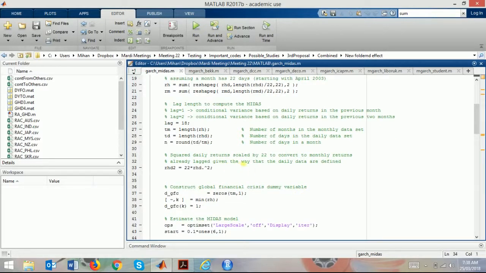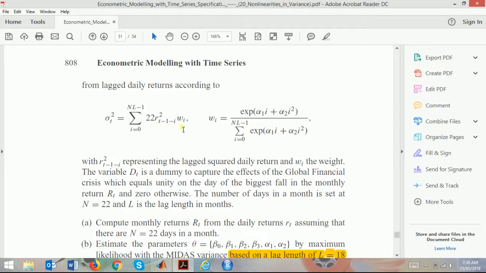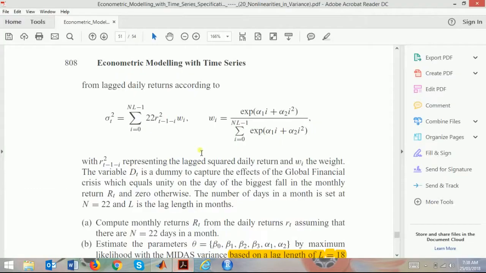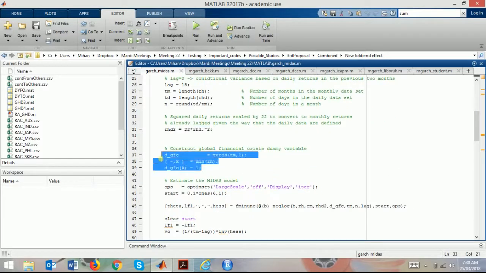The lag is already given, so 22, and RHD square is in the question already. RHD is the hedge fund daily returns, squared. You have everything else, and we want to construct the dummy variable for the global financial crisis. So let's look into months.